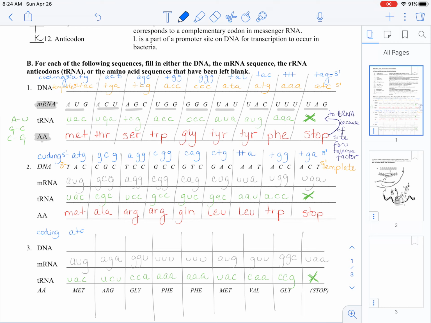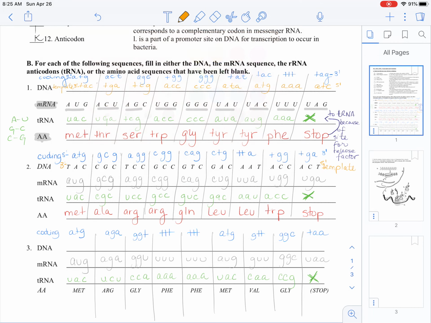It's going to be ATG, AGA, GGT, TTT, TTT, ATG, GTT, and GGC, and the last one is going to be TAA.